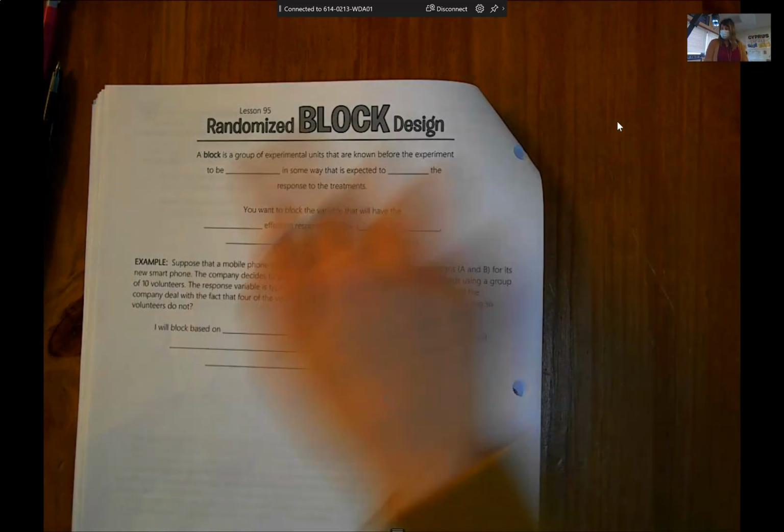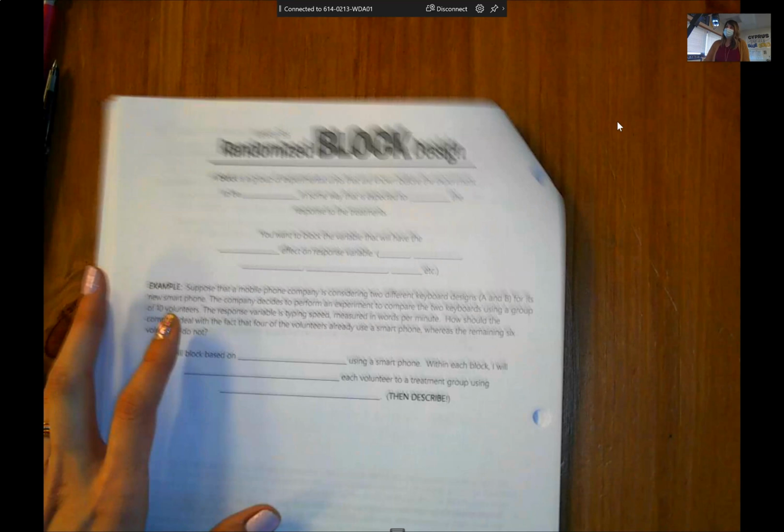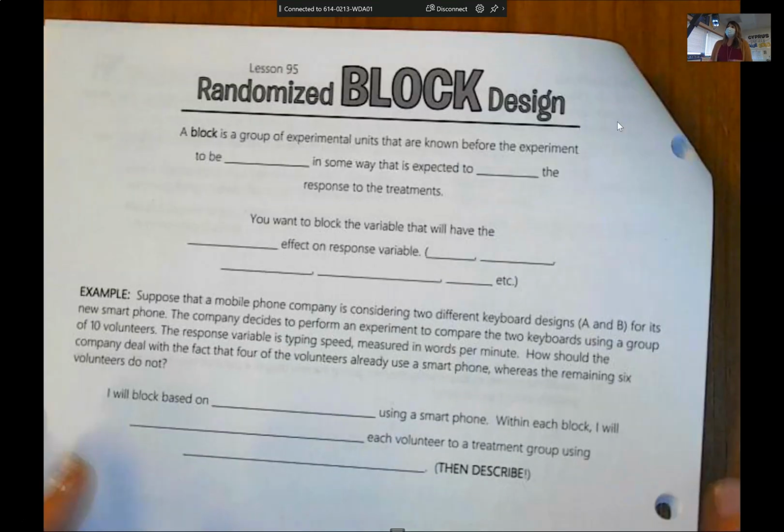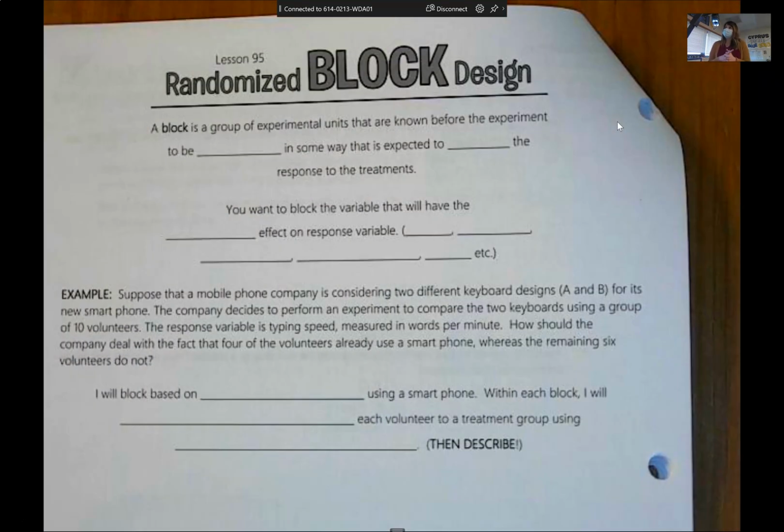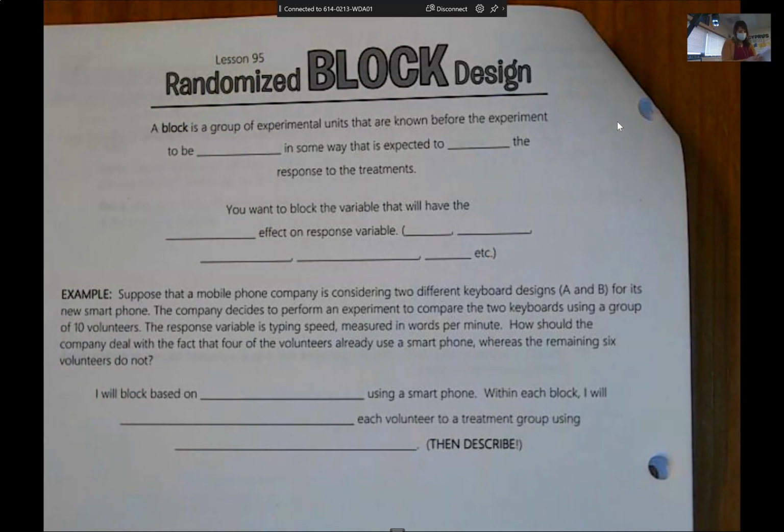So when we use a block design, a block is a group of experimental units that are known before the experiment to be similar in some way. So that first blank is the word similar.